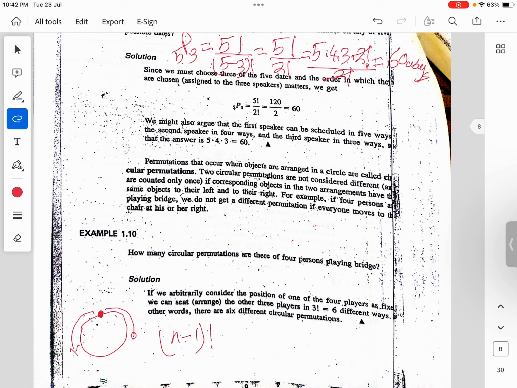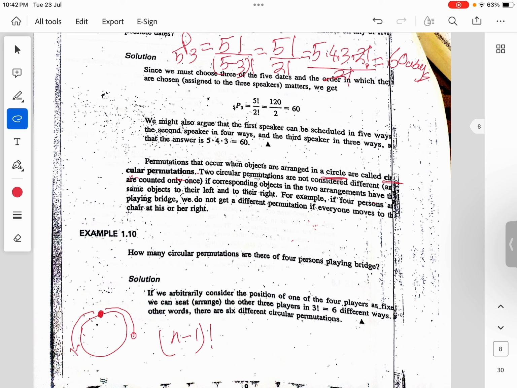Permutations that occur when objects are arranged in a circle are called circular permutations. Circular permutations are not considered different if corresponding objects in the two arrangements have the same object to their left and to their right.